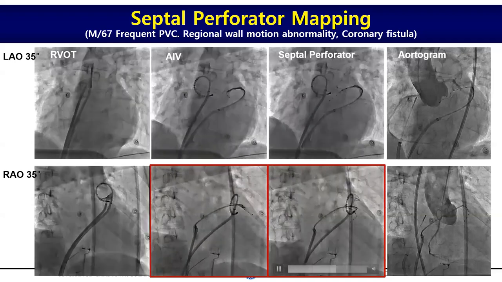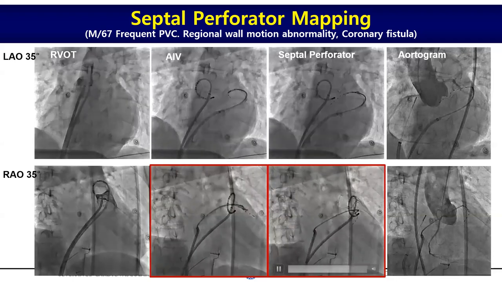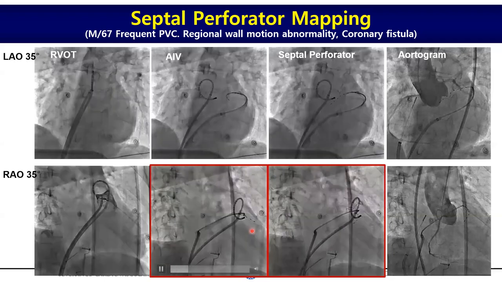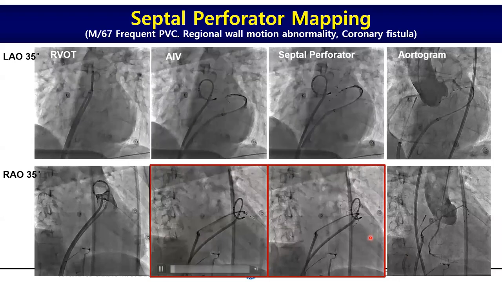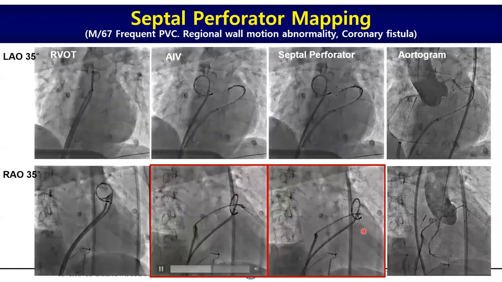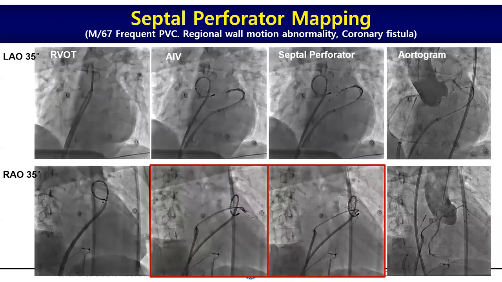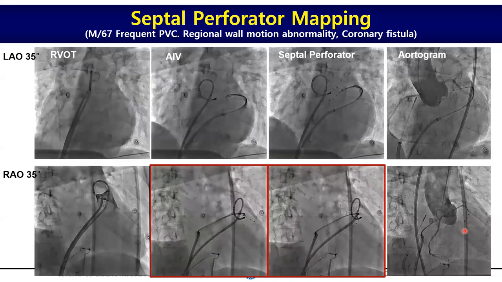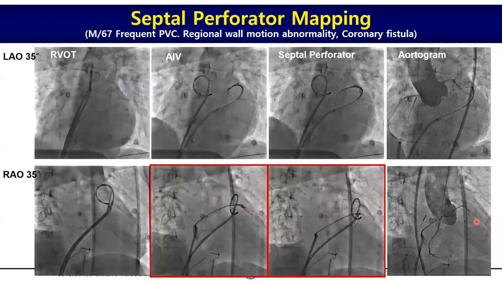You cannot distinguish AIV and perforator in the LAO view, but in RAO views, AIV comes down along the LV anterior wall, but the septal perforator is seen in a bent position in RAO view. Since you have to do an aortic cusp angiogram before burning, you can distinguish the septal perforator and the communicating vein by distance from the aortic root.